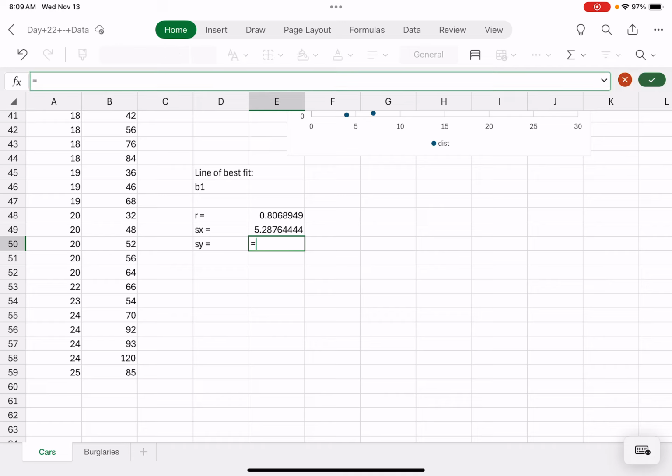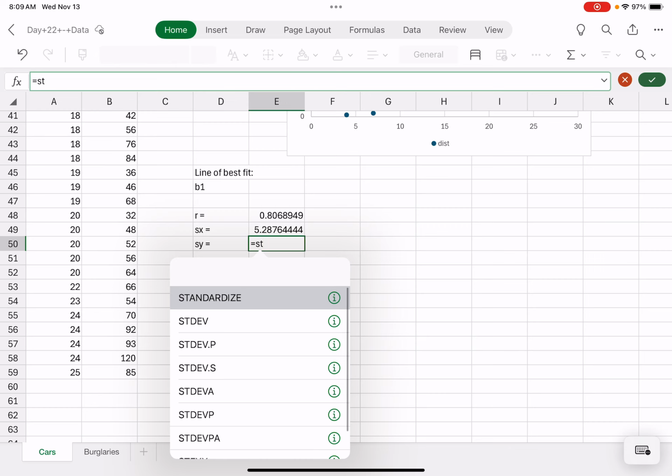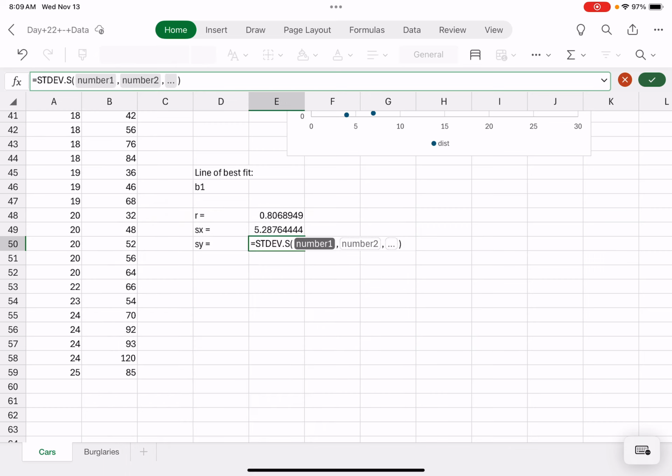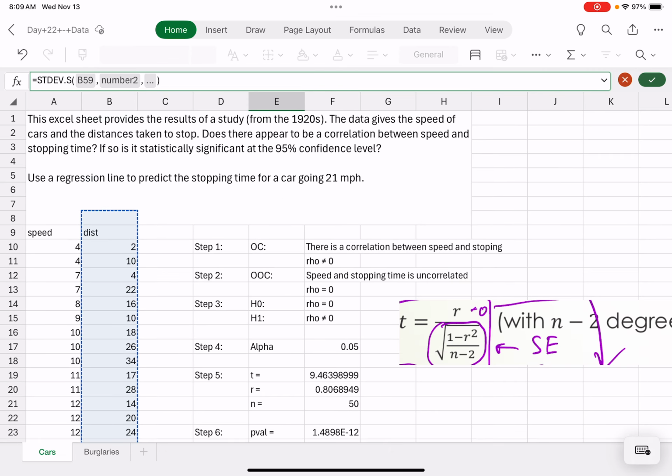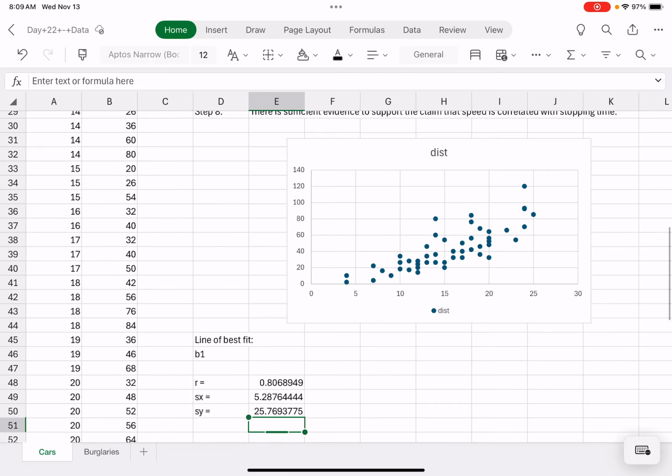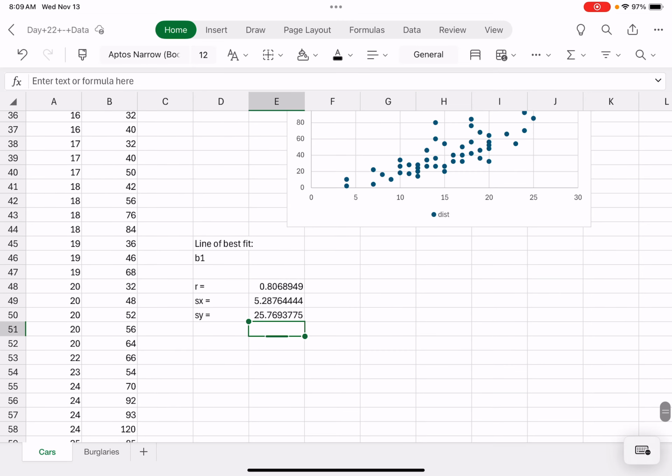And then I'm going to find the standard deviation for the other variable, for my response variable, stdev.s. All right, there we go.